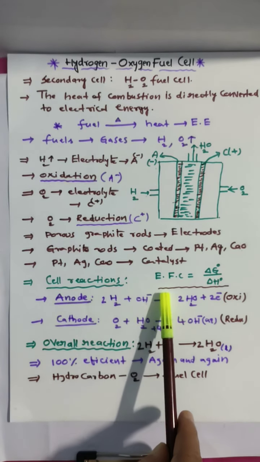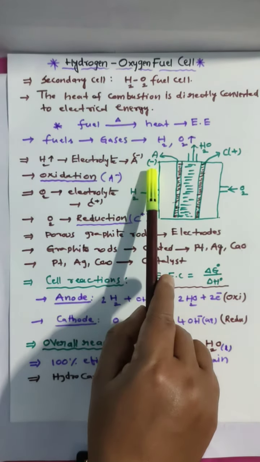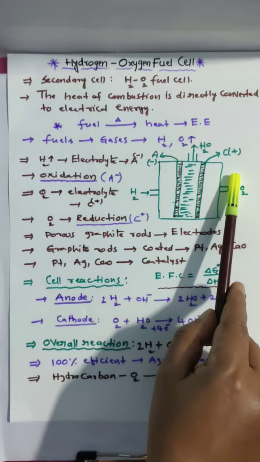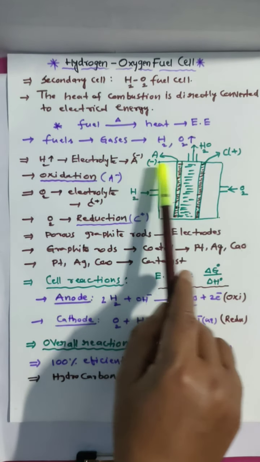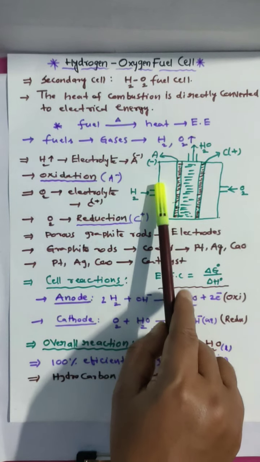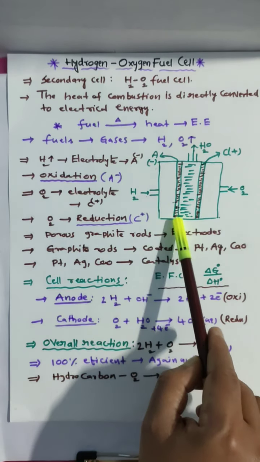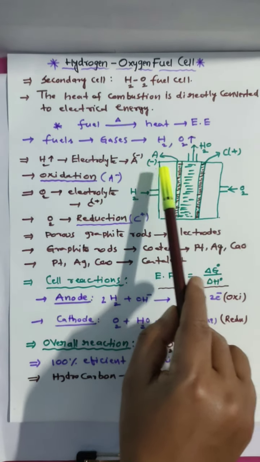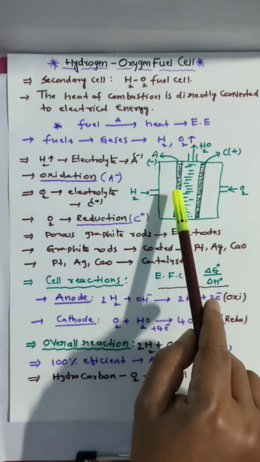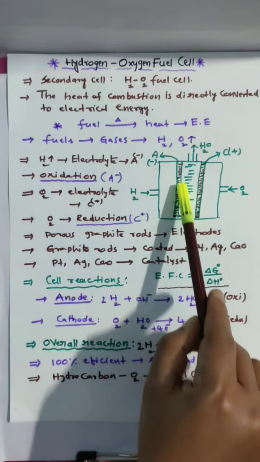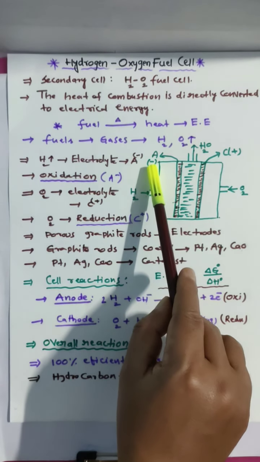These are electrolytic cells now. Anode is negative, cathode is positive. Generally anode is positive, cathode is negative. But here in electrolytic cells, reverse we have to take. Why? Because here electrons are releasing. At anode, electrons are releasing. When electrons are released, anode gets negative charge.